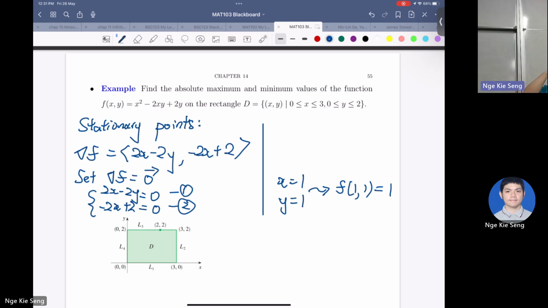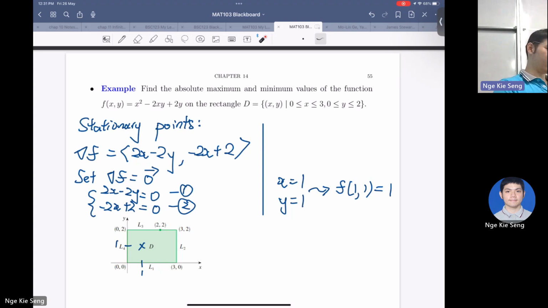So then what do you do? Where is (1,1) here? Around here. So you got a high point here. You still need to check if there's some higher point at the boundary or at a place that is not differentiable.